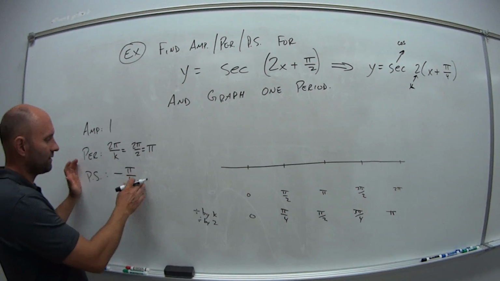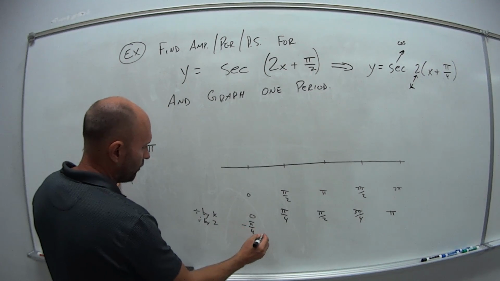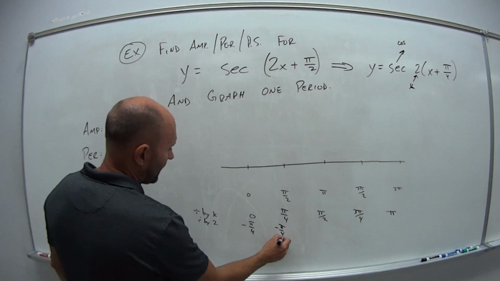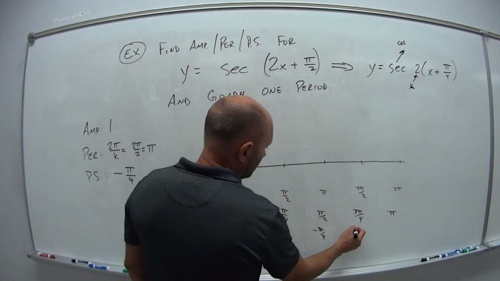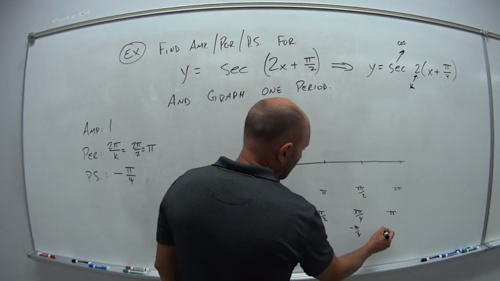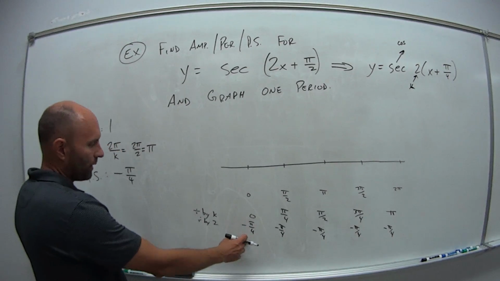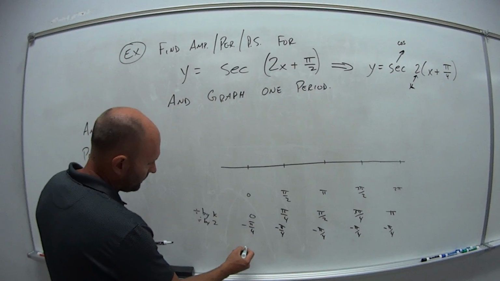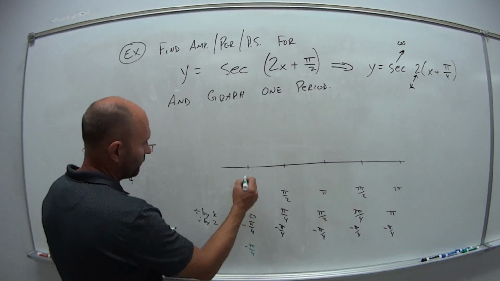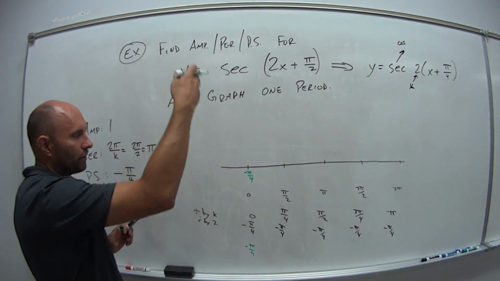And then lastly is the phase shift. So I need to subtract pi over 4 from each value. So I end up with here then, 0 minus pi over 4 is minus pi over 4. So I'm not starting on the vertical axis anymore.